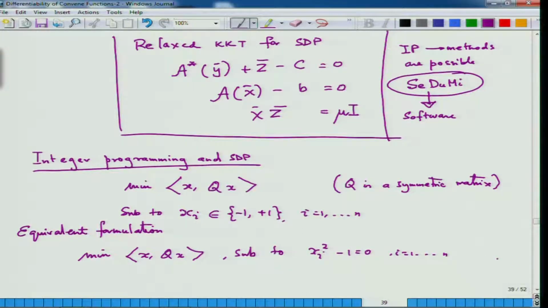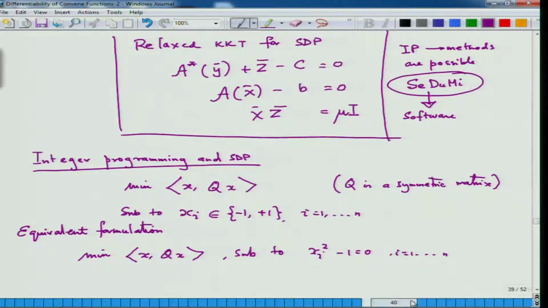I have now got n constraints, g1(x), g2(x), g3(x), but all of them are equality constraints.